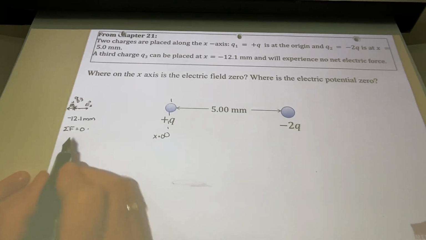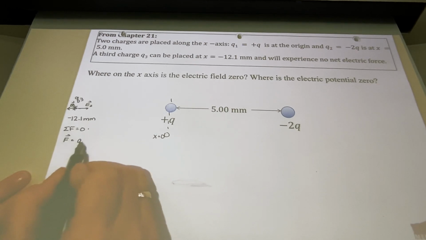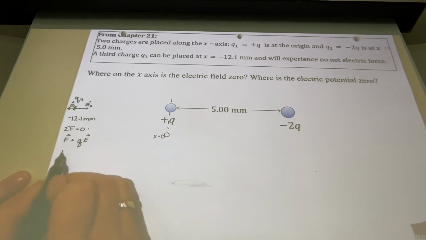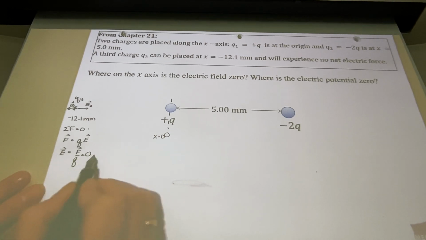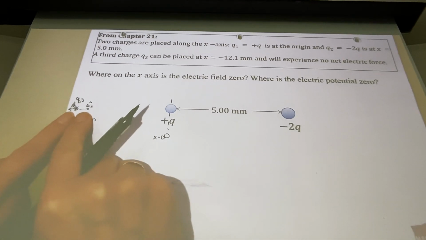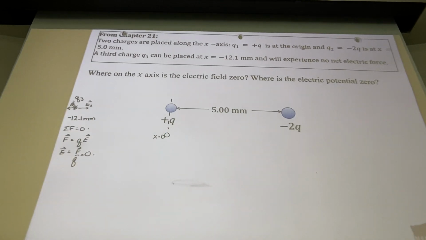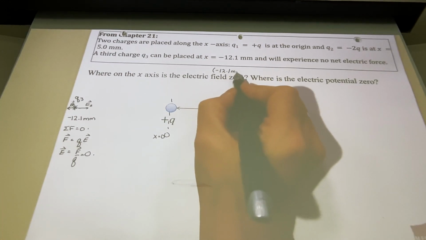The net force is 0, and the net force is the charge times the electric field, so E is F over Q, which is also 0. At this point they're equal and opposite, and we had to draw those vectors. So that's a very quick recap of an example we did in chapter 21. So our answer here is also 12.1 millimeters.